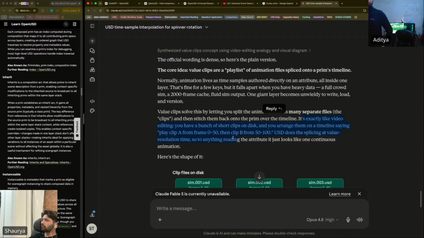USD does the splicing at value resolution time. Okay, so anything reading the attribute, it just looks like one continuous animation.